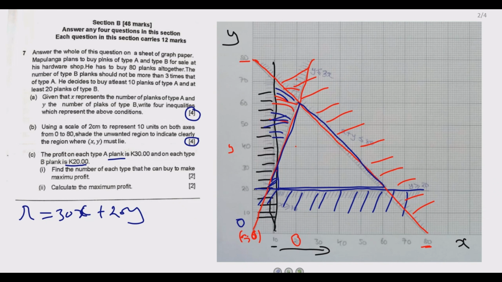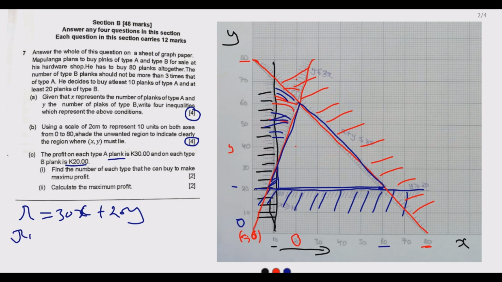Okay. Then, if we choose to get this combination at this corner, where x is 60 and y is 20, what will be the profit?